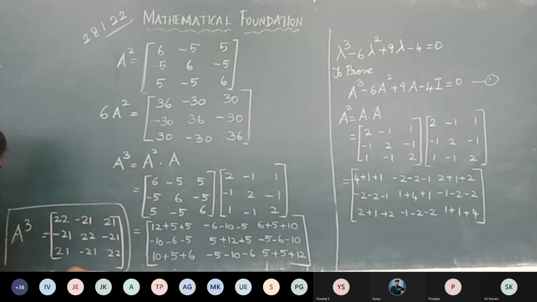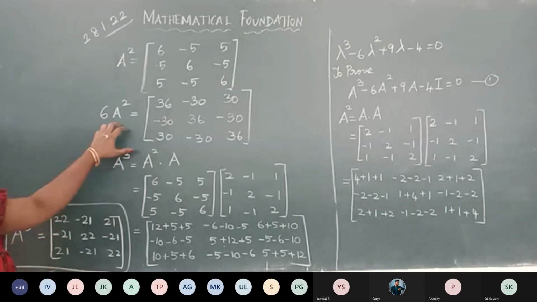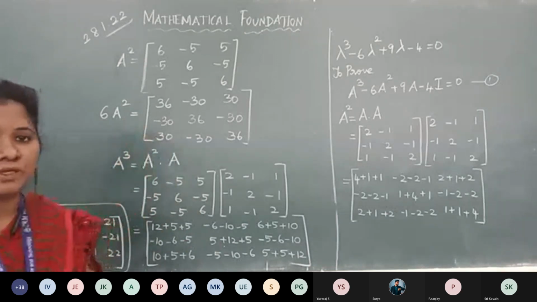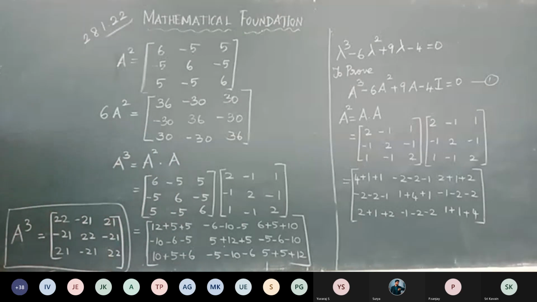So this is your A cube, which I found. So we have found out your A cube, we have found out your 6A square. Next you'll have to find out your 9A.